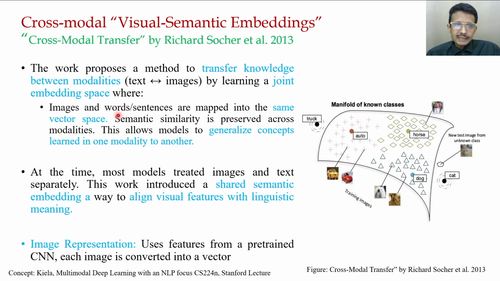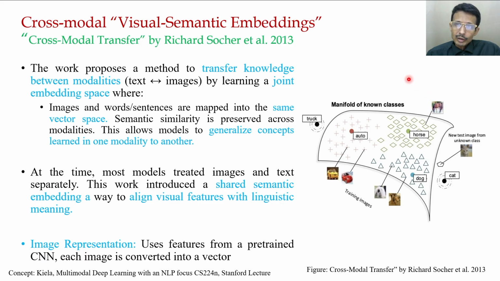Now the question is whether semantic similarity is preserved across modalities. What do we mean by semantic similarity? Let's say there is an image of a horse and some text related to a horse.